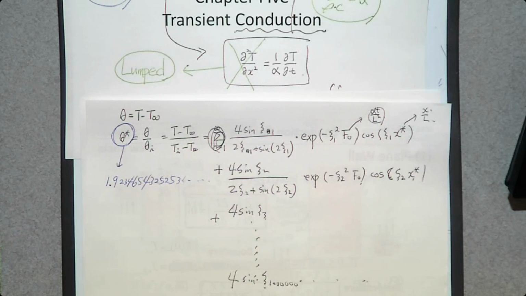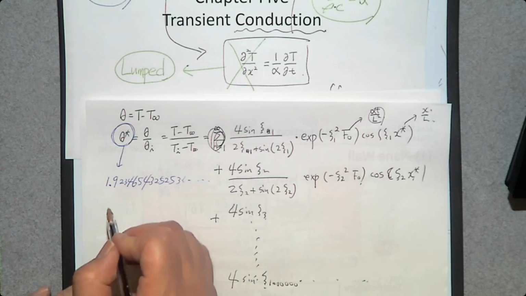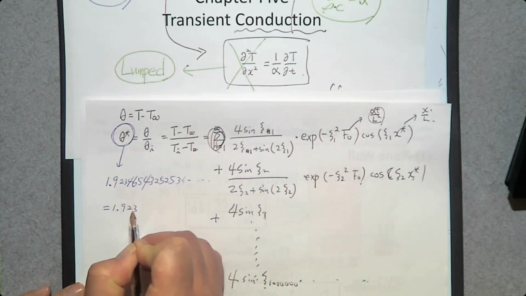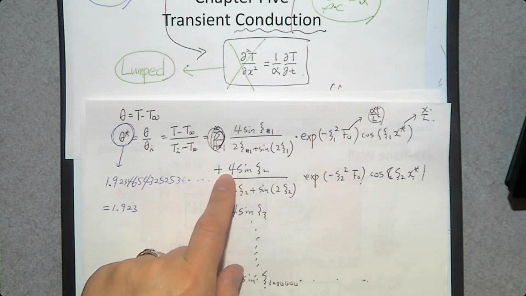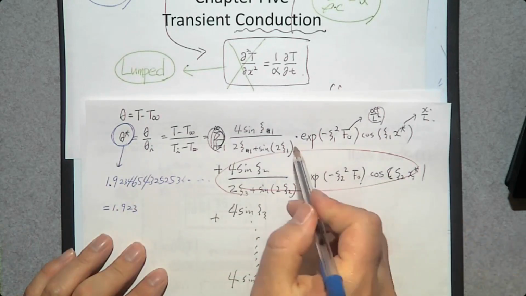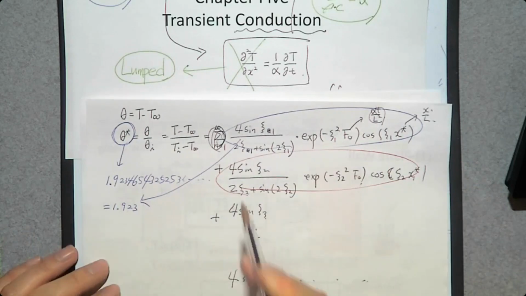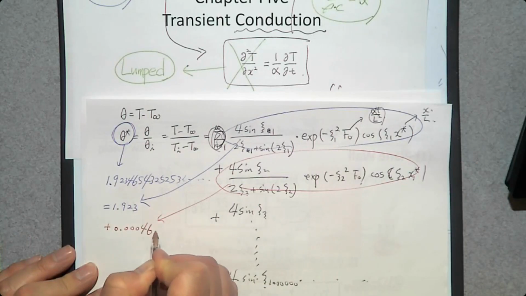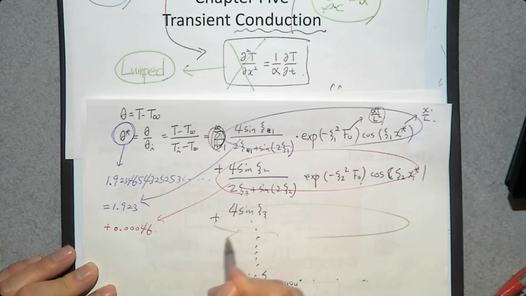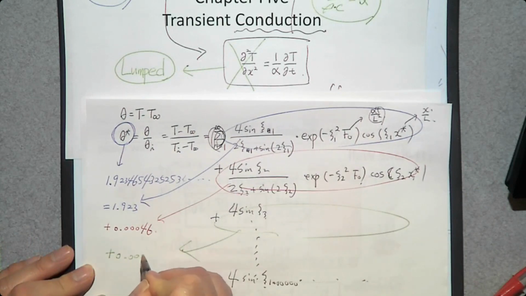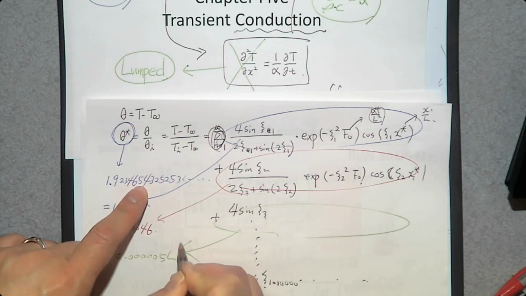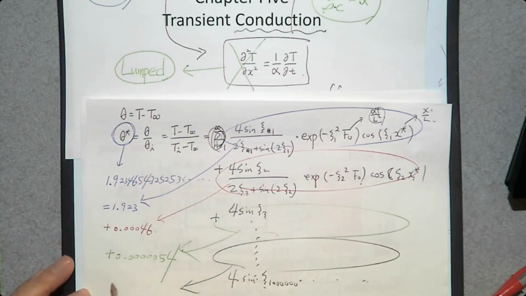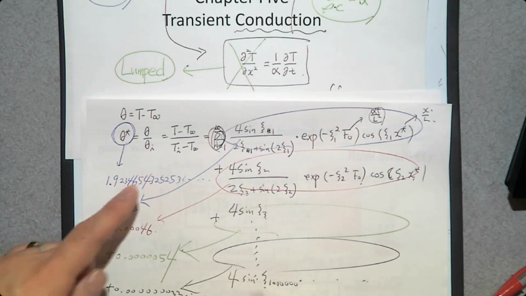Let me tell you, if the first term, in blue, represents 1.923, the second term, in red, represents plus 0.00046, and the third term represents plus 0.00000054, and the next term represents 0.0000000032.